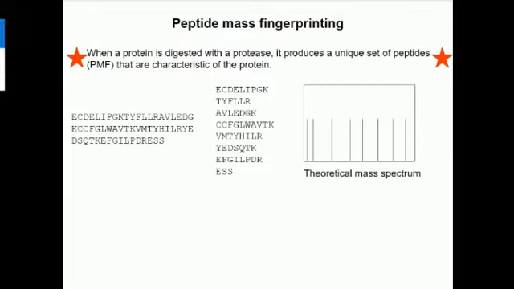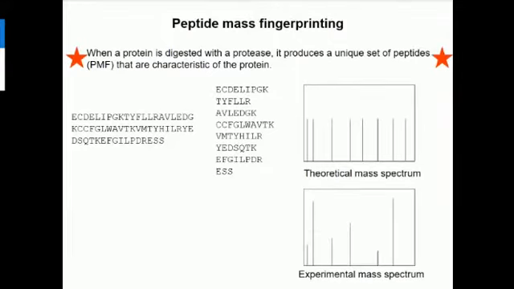But as we've been talking about in the previous sessions, this is not what you get. You get something more like this. So you see different relative abundances in the mass spectra. That's because some peptides will ionize more easily than others, and if they ionize more easily, then they're going to appear more abundant in the spectrum.